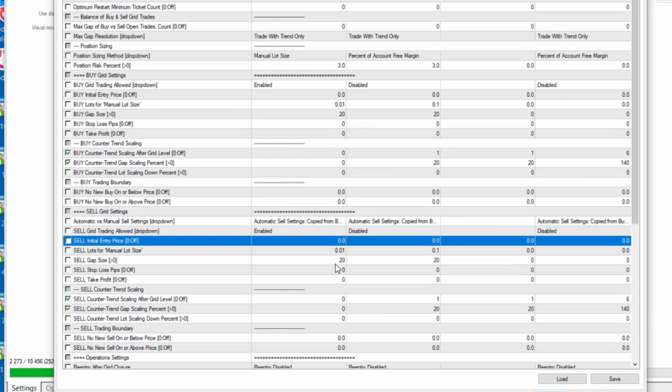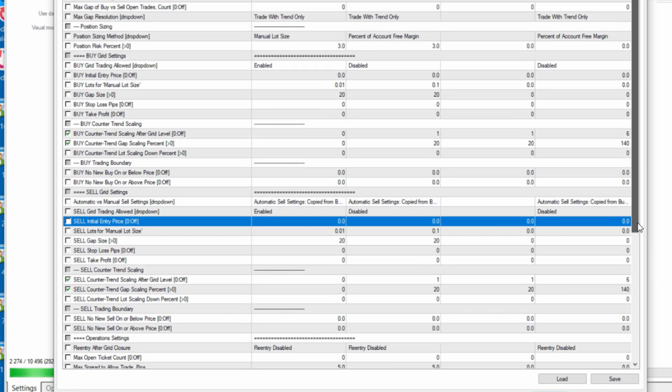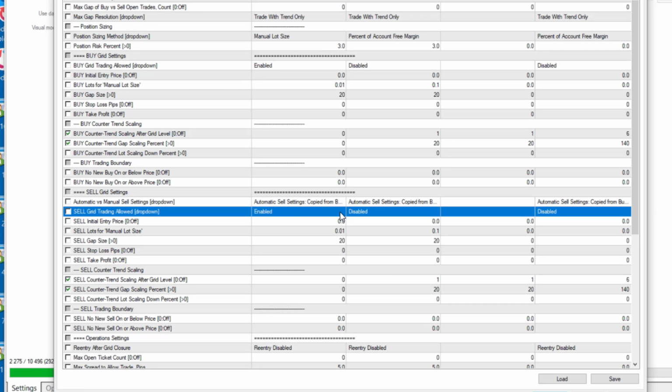Doesn't matter what is there, by chance it is the same, but it will ignore that and just copy those settings into the sell. Important setting that, because a lot of people think that if they disable settings, the sell is disabled, but it isn't, because you've told it, please copy the sell settings from the buy. So the buy says enable. Just an important one there.